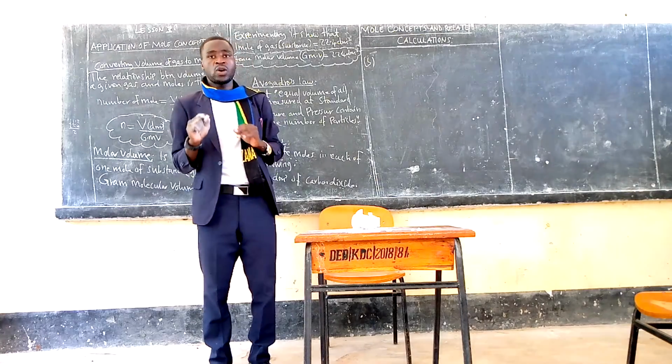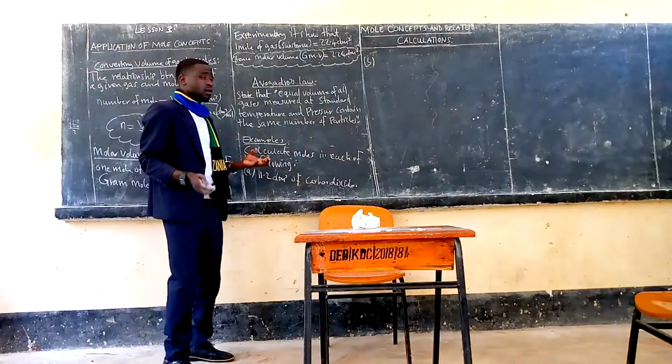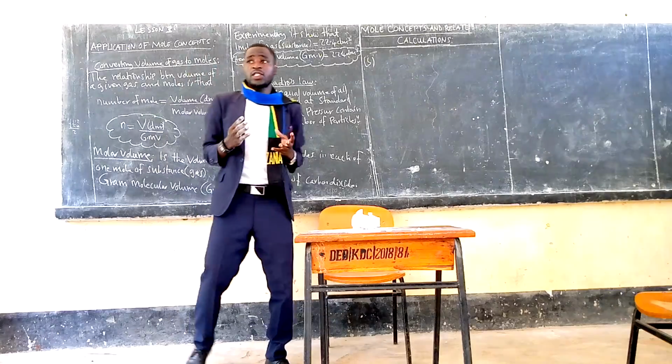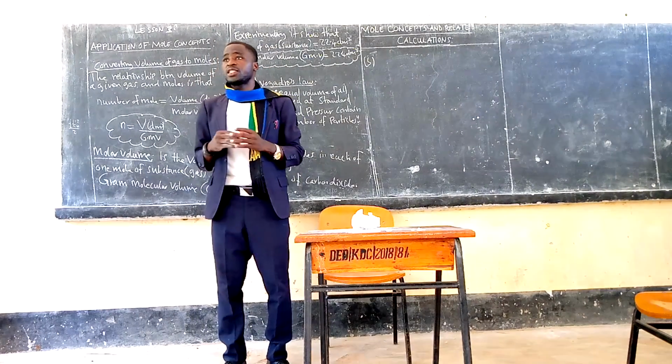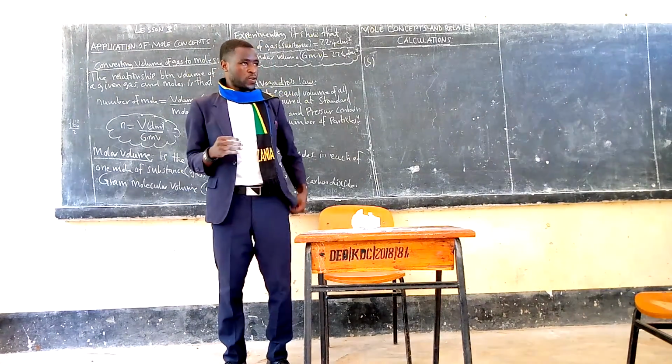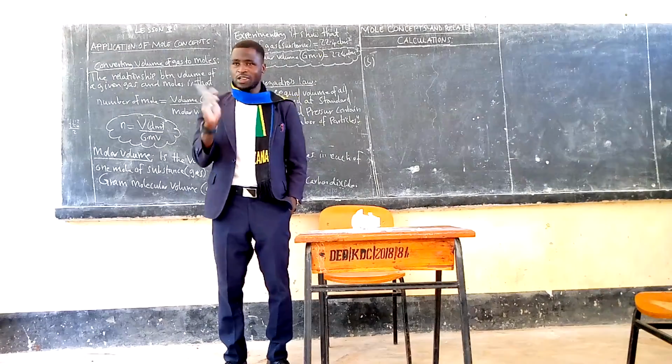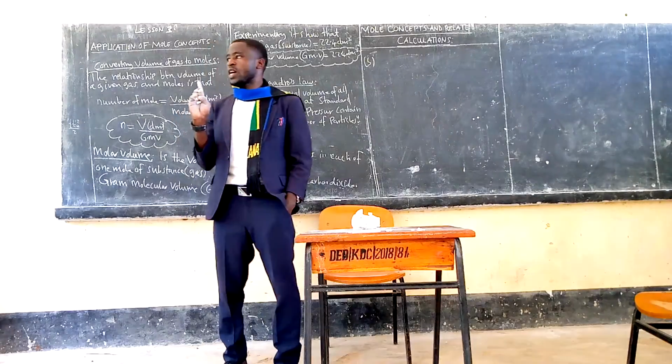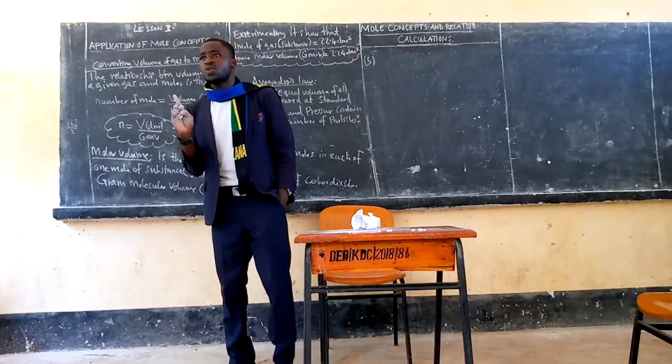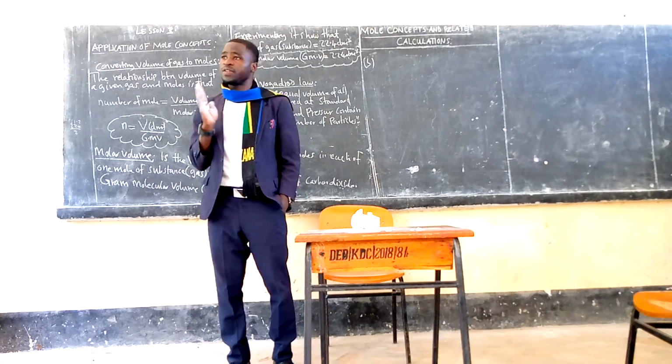Now, there was an Italian scientist known as Mr. Amedeo Avogadro. Especially, you have listened to this name. Amedeo Avogadro was a scientist who dealt with mathematics and physics.